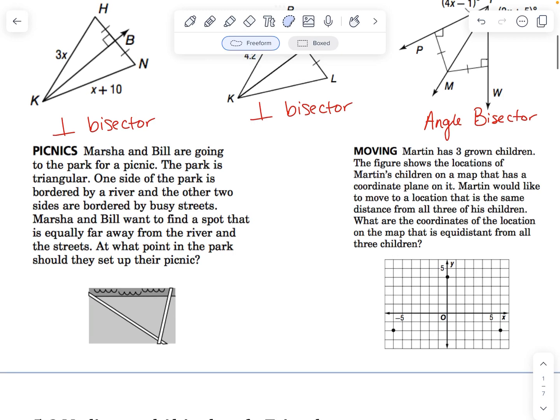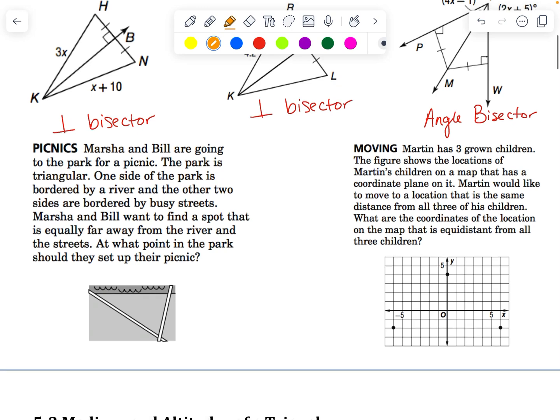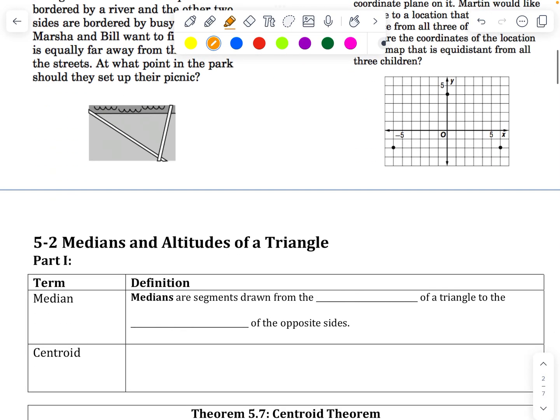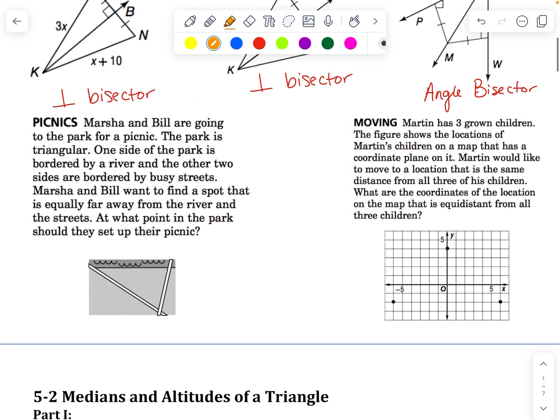All right, now word problems. We need to identify what we want to be equidistant from. So if you're trying to have a picnic and you want to be equidistant, or equal distance, from the sides of a triangle, you need to do an angle bisector and find the incenter.